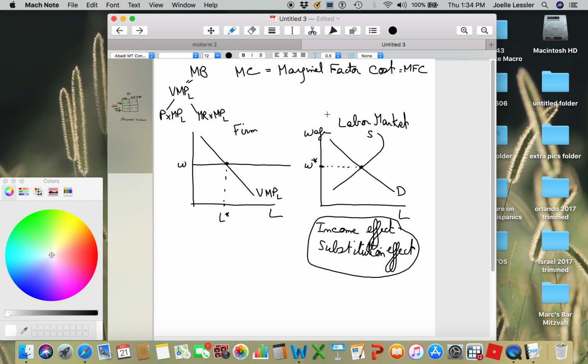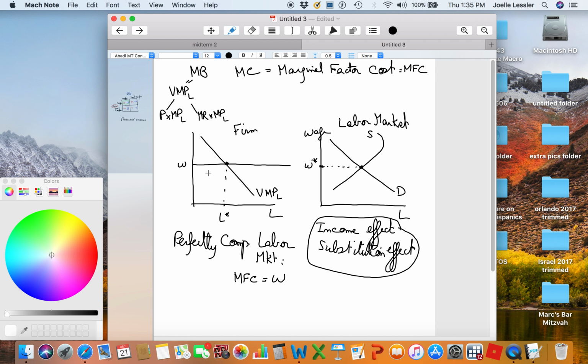So if you're hiring from a perfectly competitive labor market, okay, what is the additional cost of hiring one more worker? The marginal factor cost, it's the wage. Whether I hire 10 workers or 1,000 workers or 1,000,000 workers, I am a nobody.